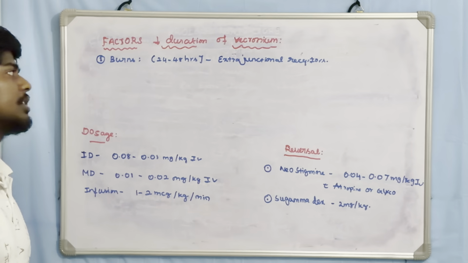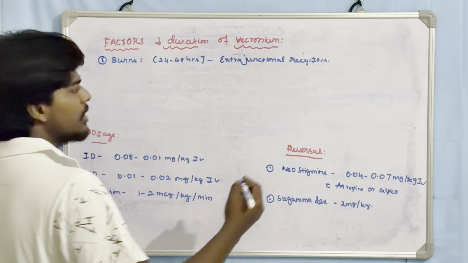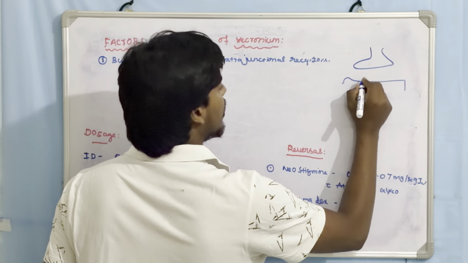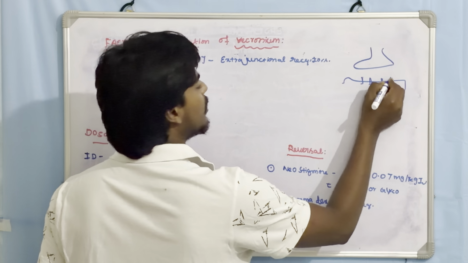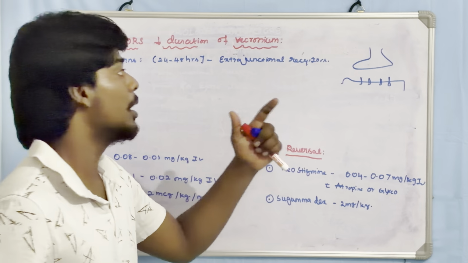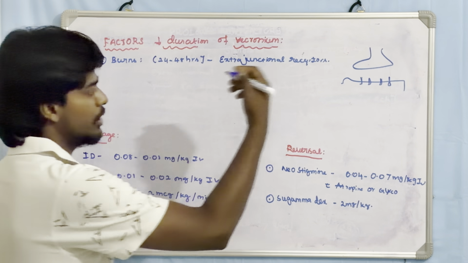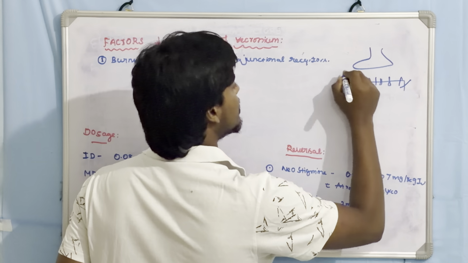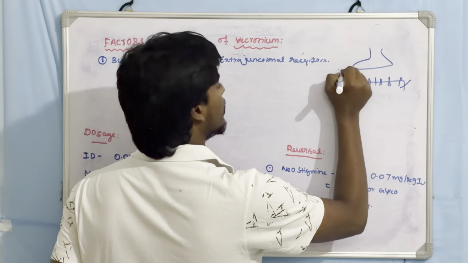Extra junctional receptors: in a normal neuromuscular junction, we have receptors in the muscle end plate, but in this condition the number of receptors increases.